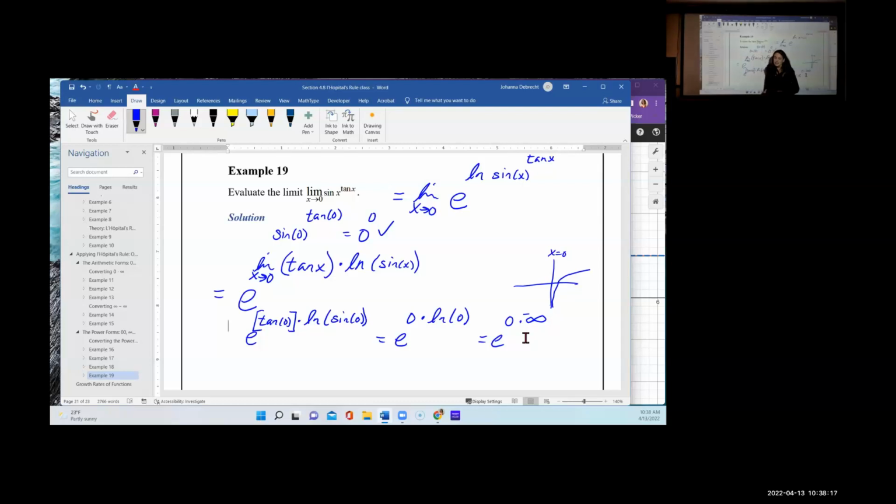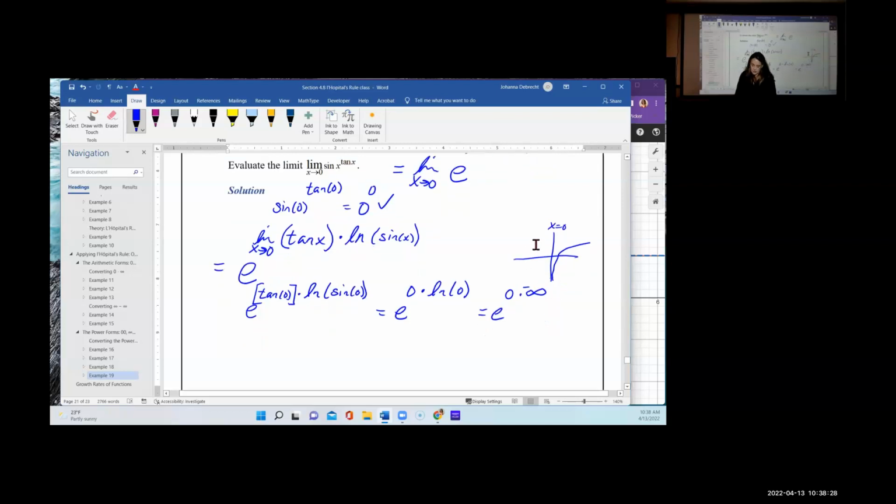Okay, so we have e to the 0 times negative infinity. So we're going to have to do something to convert it into one of the two basic forms. Now, this time it's a little bit trickier. Natural log cannot move, period. So I am going to have to divide by the reciprocal of tangent. So there's no other choice.